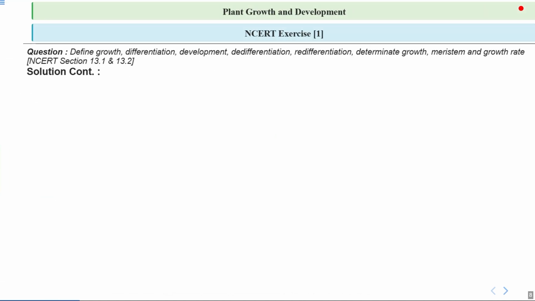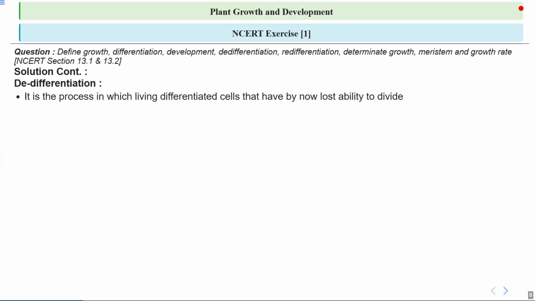Let's continue the answer. Talking about de-differentiation, it is when living differentiated cells that have lost the ability to divide can regain it. In differentiated cells, what we have learned is that they lost the ability to divide. But those differentiated cells that once lost the ability to divide can regain this ability.